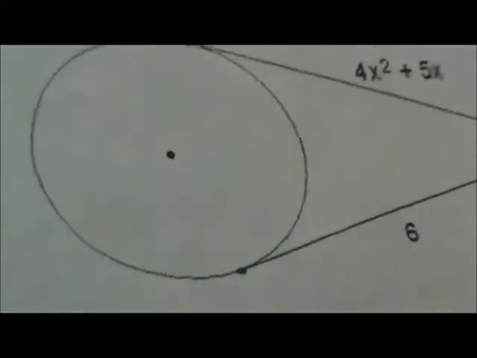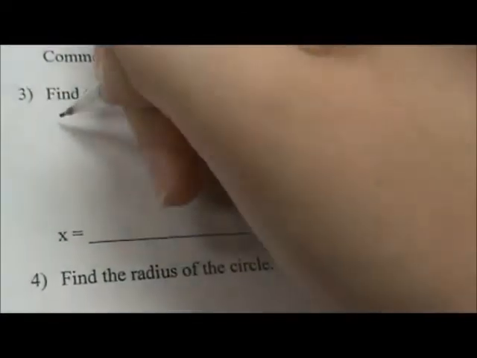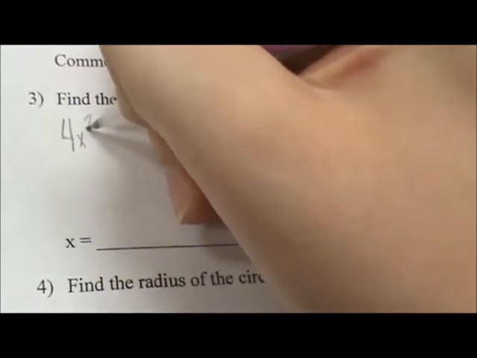Okay, moving on to problem 3 and homework check 10.5. Well, we know that there are 2 common tangents here. So we can put 4x squared plus 5x equal to 6.